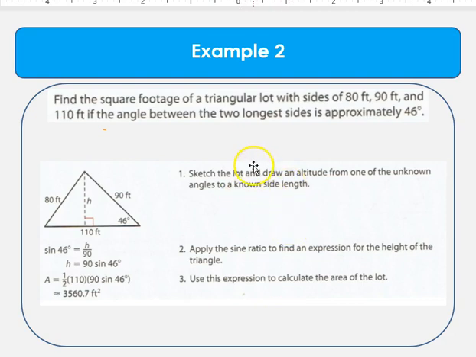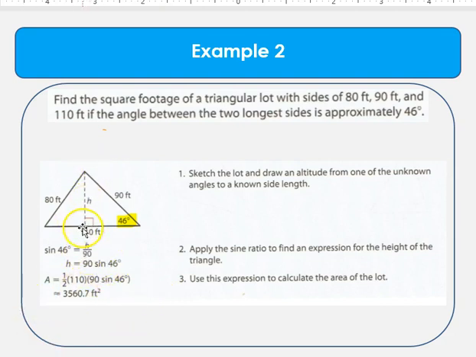Let's take a look at example 2. We have a triangular lot. It has sides of 80, 90, and 110 feet. It has an included angle between two of these sides of 46 degrees. So we have an angle of 46 degrees. We need to solve for the area of the triangle, but we do not have the height.